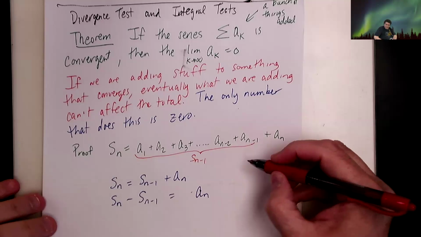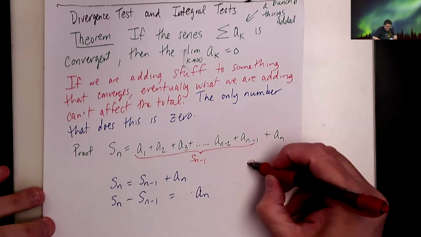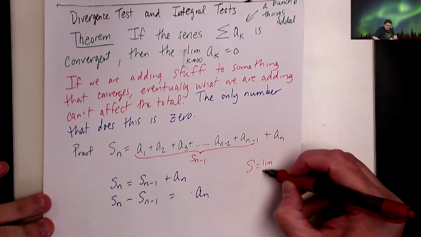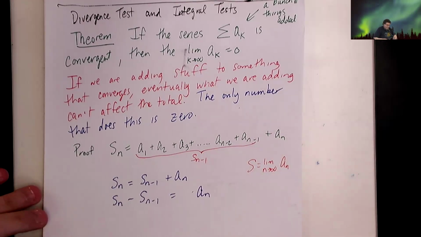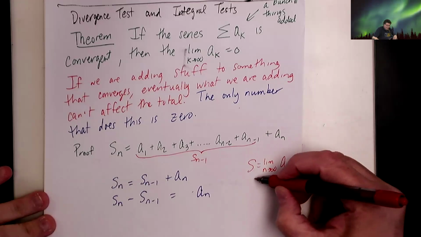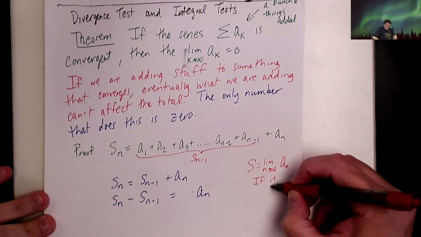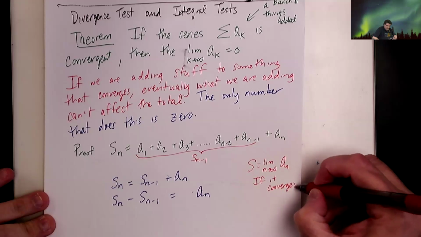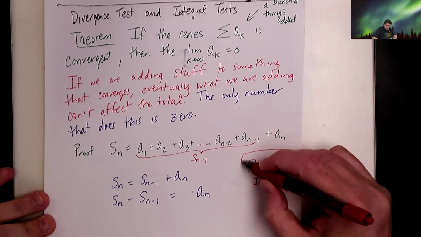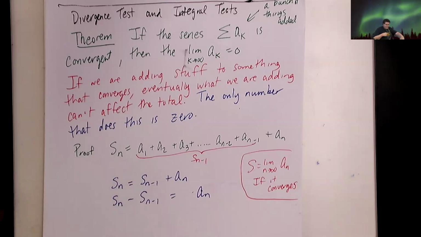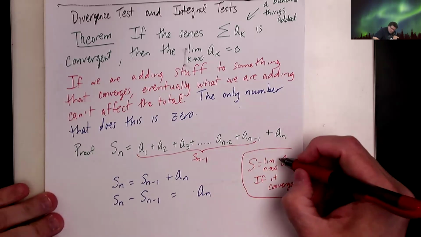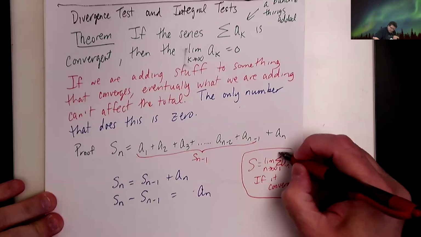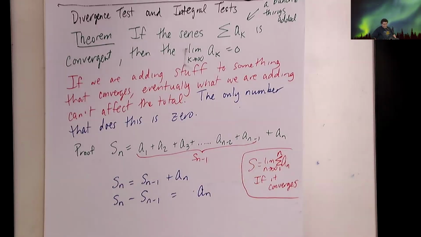So remember, S is like the limit as n goes to infinity of the sum of a sub n, if it converges. And we're saying that the series converges. That should be the limit of the sum from 1 to n. There we go. My bad.